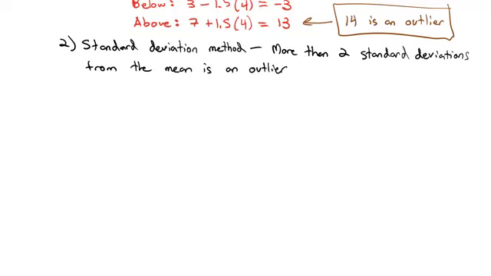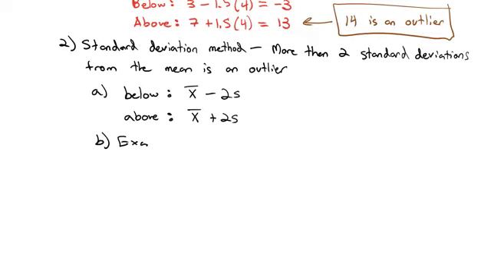So actually, let's first define this clearly. Anything below x bar, the mean, minus 2 standard deviations, or anything above x bar, the mean, plus 2 standard deviations is considered an outlier.